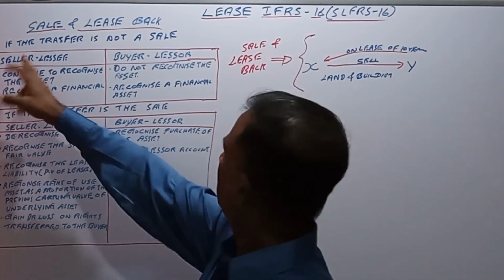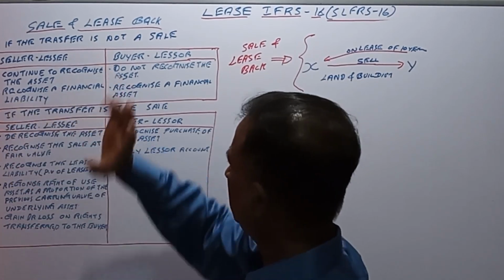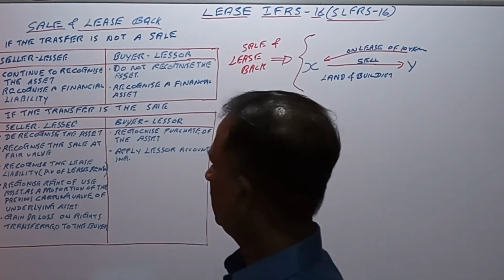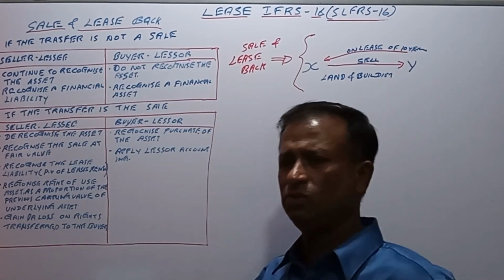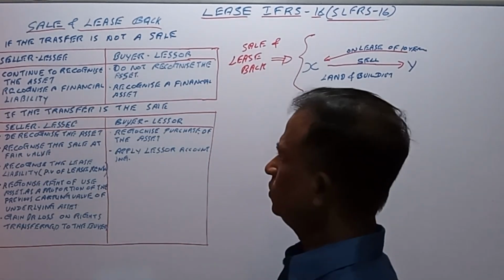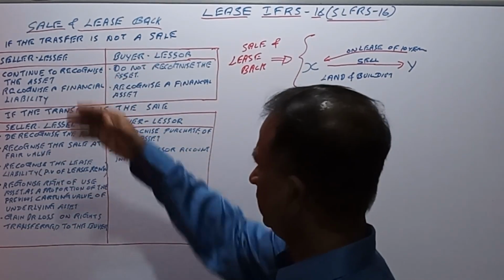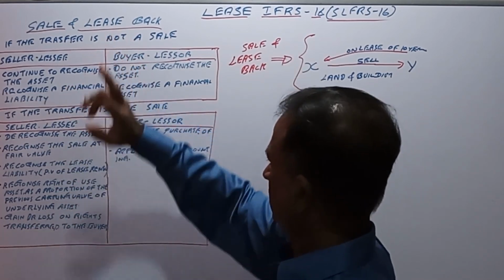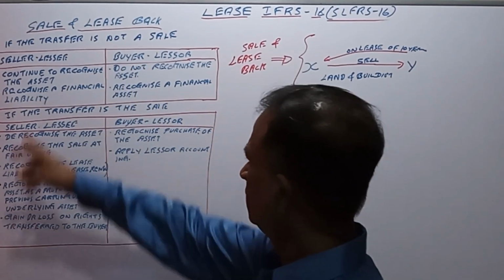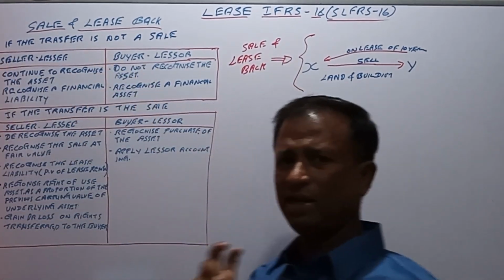X is a seller and lessee. In his books, if it is not a sale, continue to recognize the asset as usual. There is no change. If it is not a sale, recognize a financial liability.